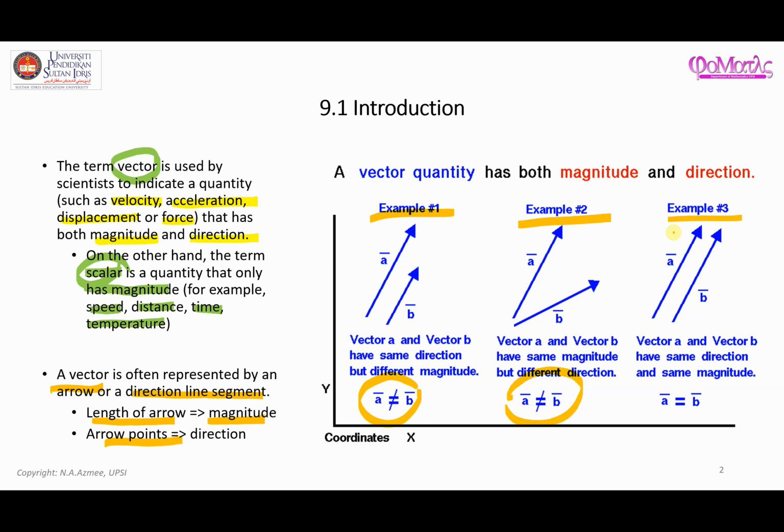And the last example here is an example where vector A is equal to vector B due to the fact that they have the same direction, and also that the length of the vector is similar, so it indicates the same magnitude for vector A and vector B.